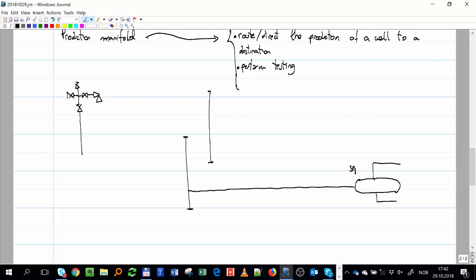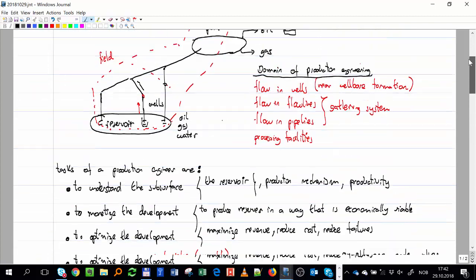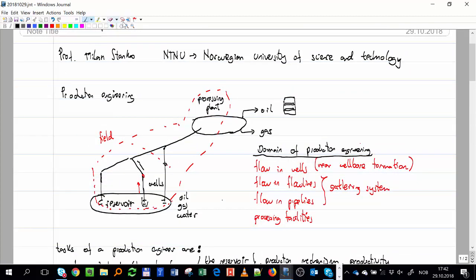We call this separator A. And we have another separator called separator B. What I was mentioning before: inside this house that I call here, I have two separators. Because the fluid comes as a mixture, that's the first step. I want to take out the oil from the gas. I want to separate both.